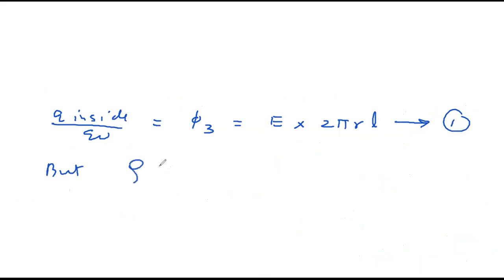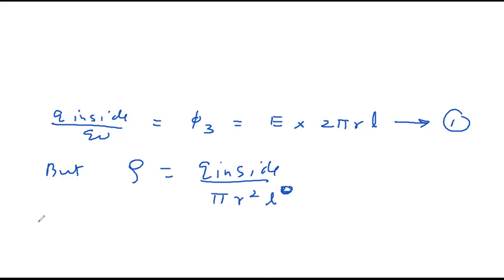What is the meaning of rho? It is charge per unit volume. Rho is charge inside upon volume. Volume of a cylinder which is having radius r, length L. Can I say pi r square L?